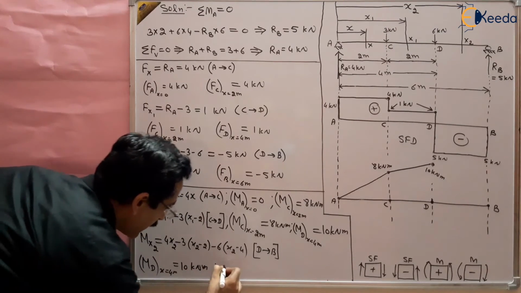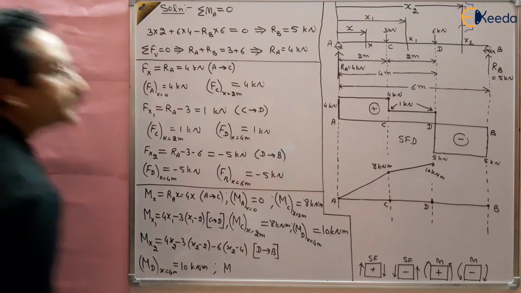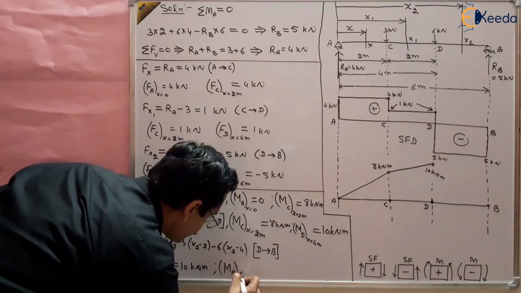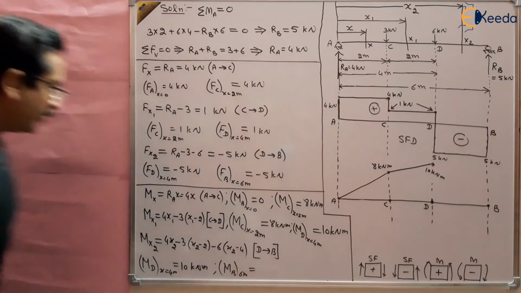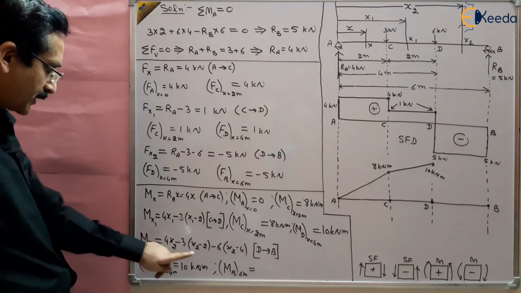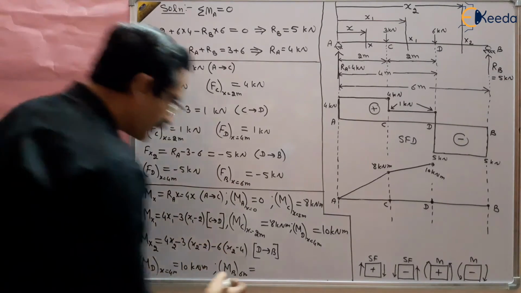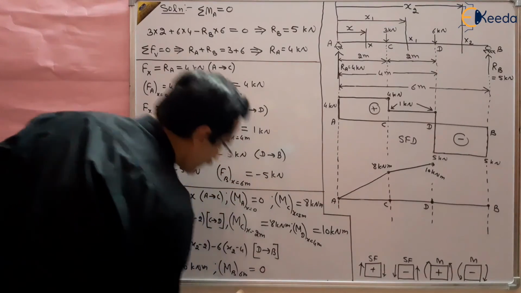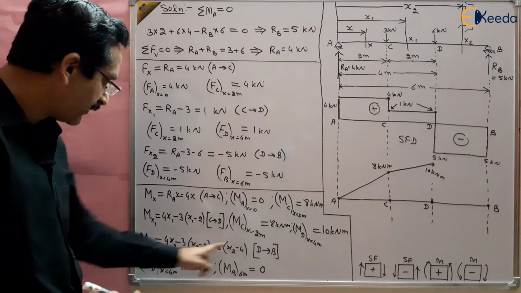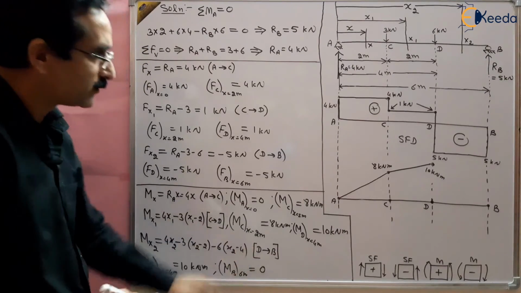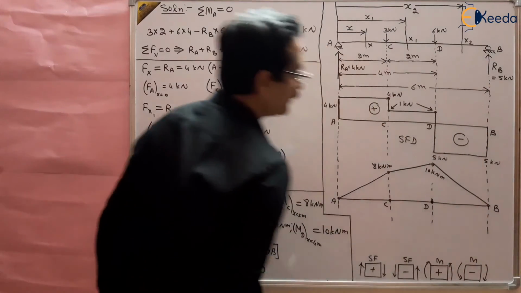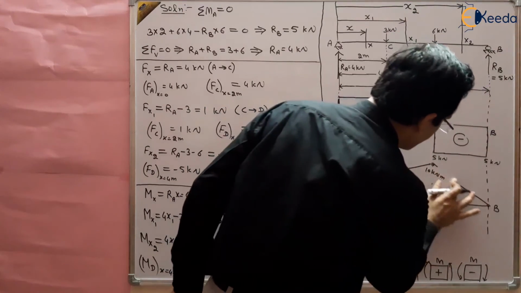And the next value is MB at a distance of 6 meters. Put 6 here, and then 6 minus 6, you will get 0 value at B, right? So from 10 to 0 is a linear variation, like this, right? So this is the bending moment diagram.